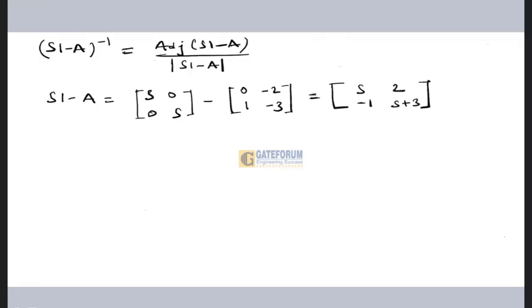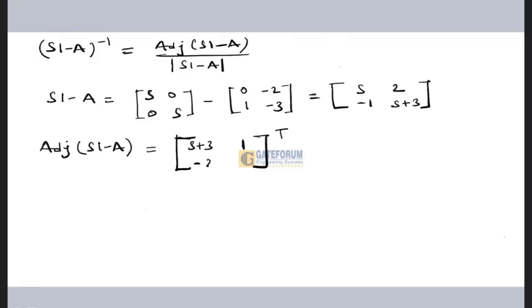So what is the adjoint of sI minus A? Cofactor transpose. So find out the cofactor and then transpose. Cofactor of s is s plus 3. Cofactor of 2 is minus of minus 1, that is plus 1. Cofactor of minus 1 is minus of 2.